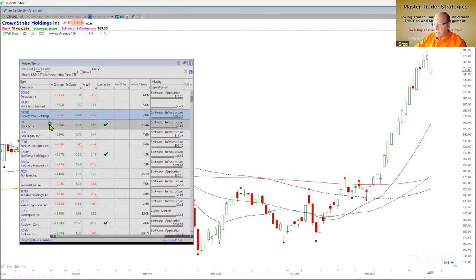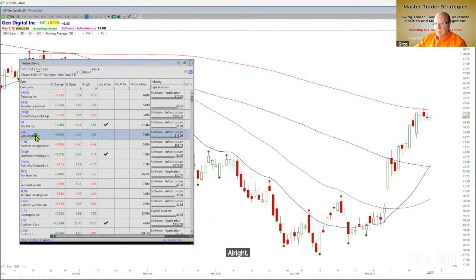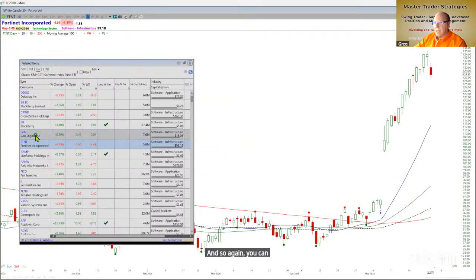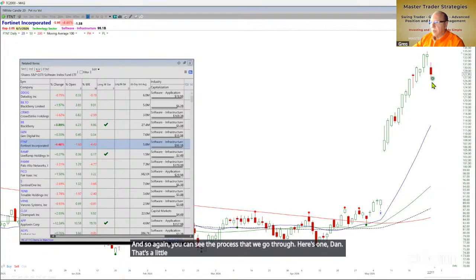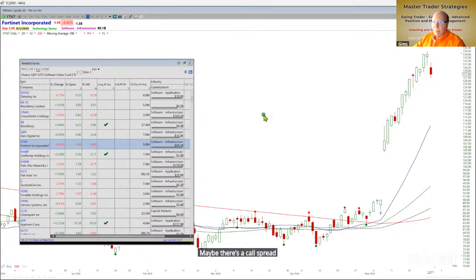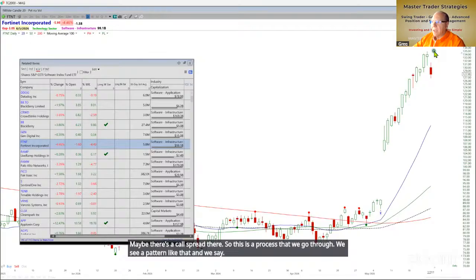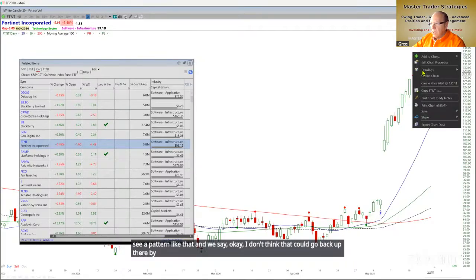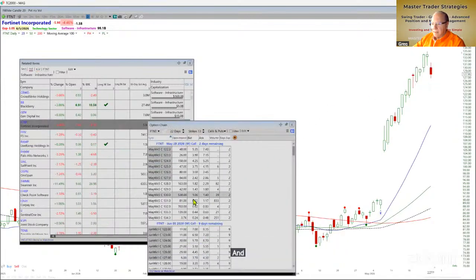Yeah, so Dan's saying the calls are illiquid. All right. And so that, again, you can see the process that we go through. Here's one, Dan. It's under the open. Maybe there's a call spread there. So this is the process that we go through. When we see a pattern like that, we say, okay, I don't think that could go back up there by the end of the week. And you open up an options chain and look at it, and is there options, weeklies?